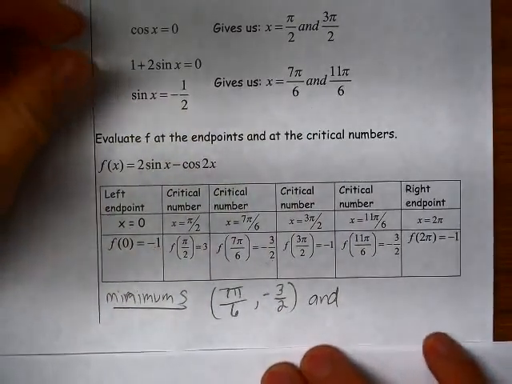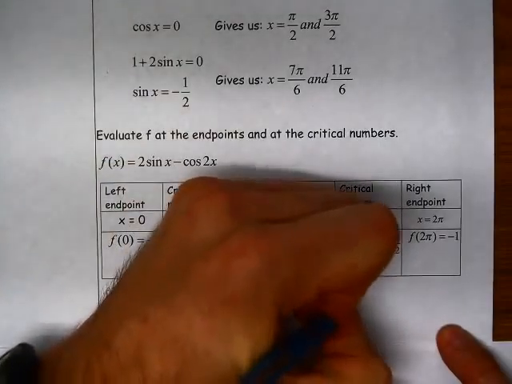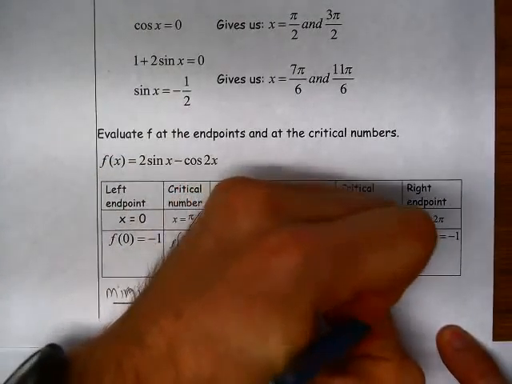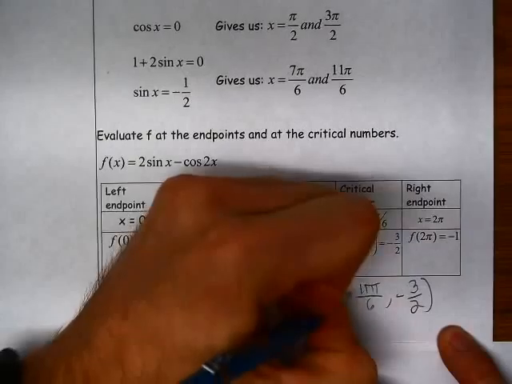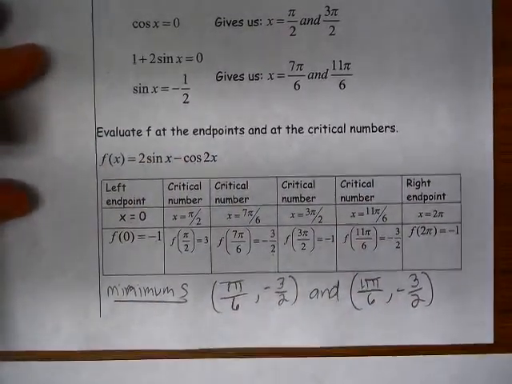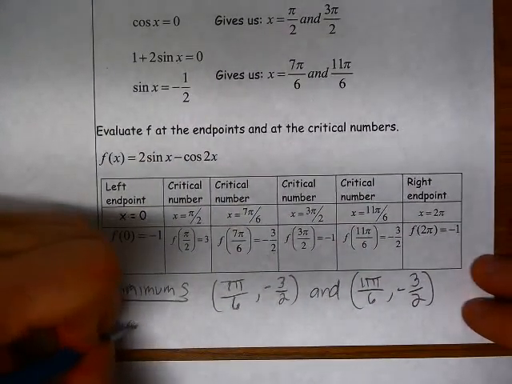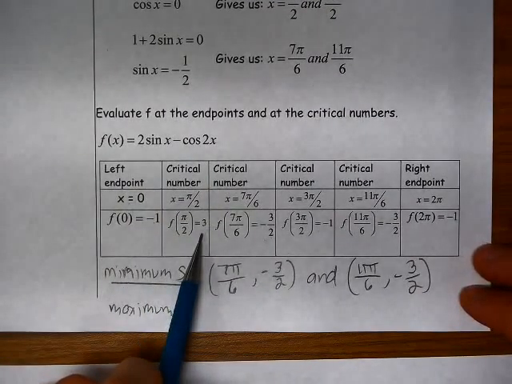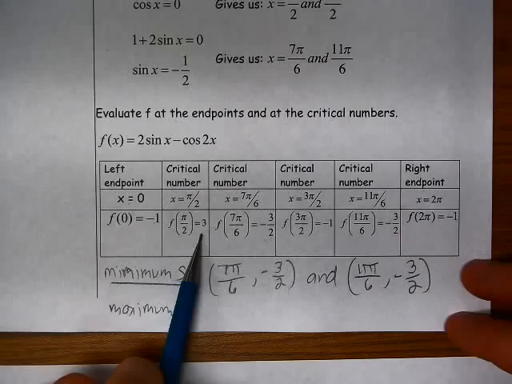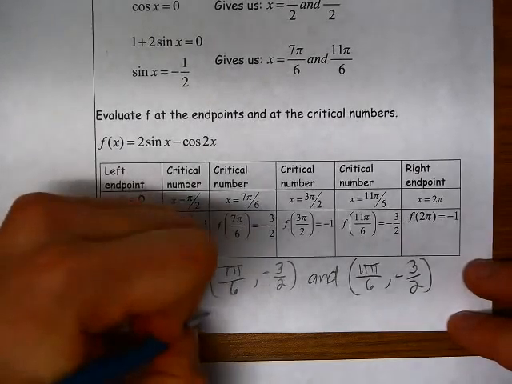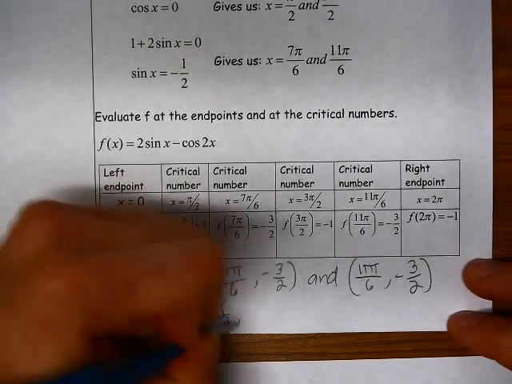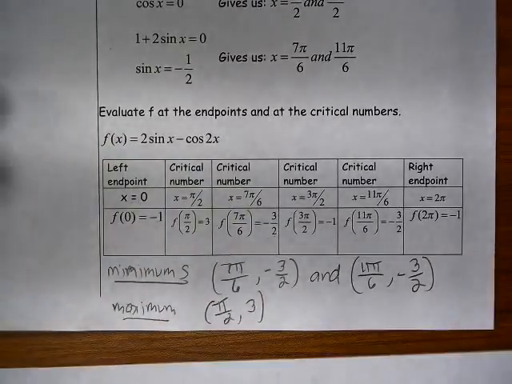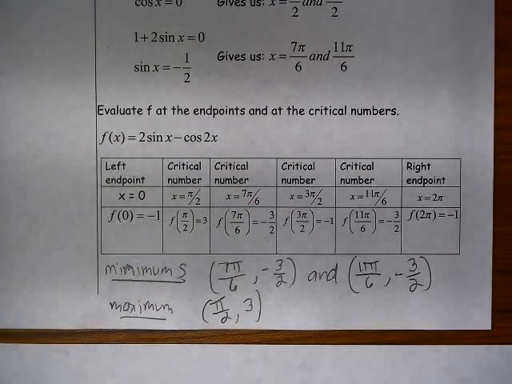And we have another minimum at 11 pi over 6, -3/2. We have a maximum. I have a y value here of 3, so that's my maximum. So I have a maximum at pi over 2, comma 3.